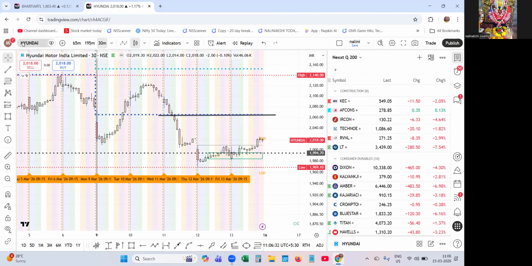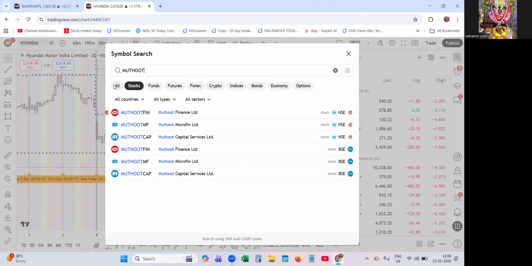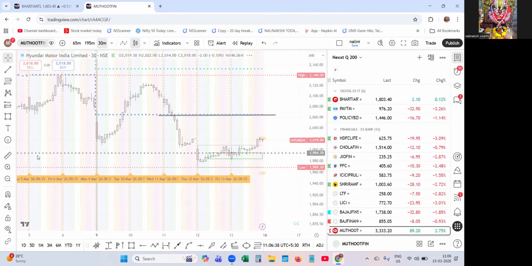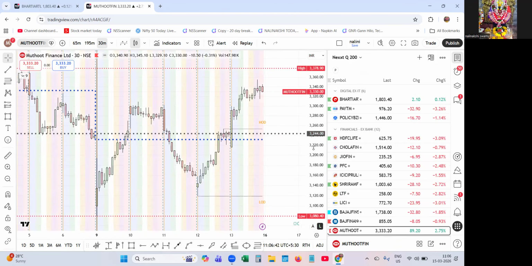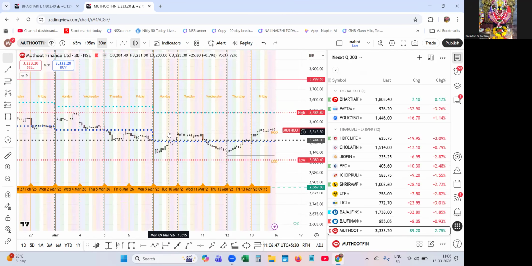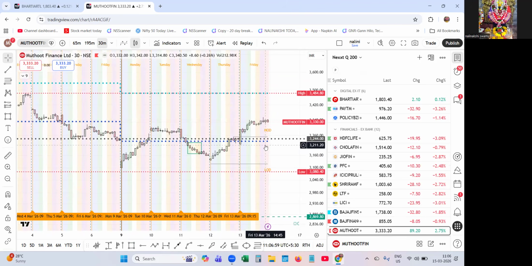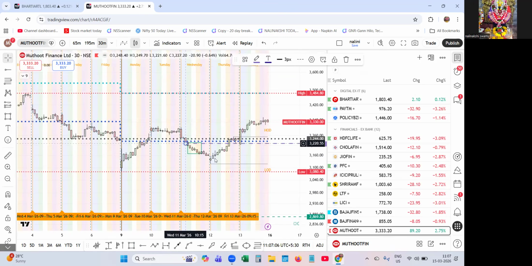Apart from that, one more stock caught my eye, that is Muthoot Finance. You can see for yourself how this template helped. This is the weekly template, Monday, Tuesday, Wednesday, midday cycle, mid-hourly cycle, and price moving above this range.